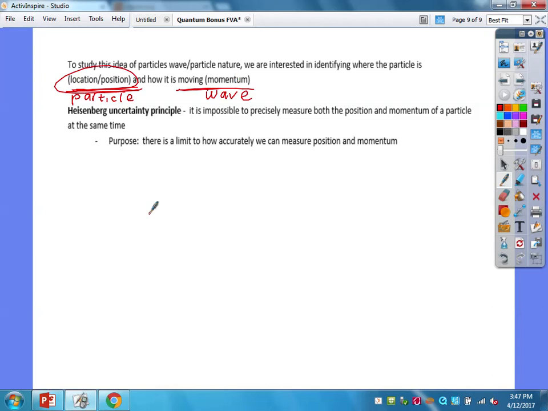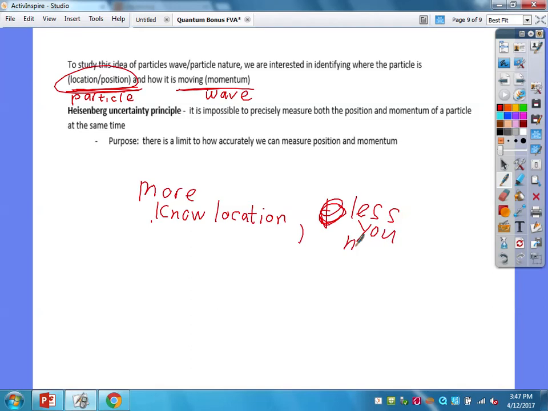All right? The more you know the location of the object, the less you know about the motion. So it's impossible to know both of these precisely at the exact same time.